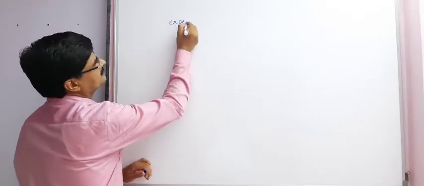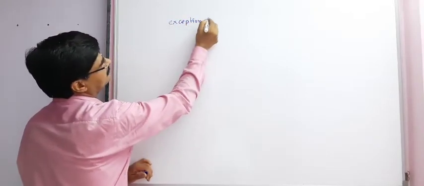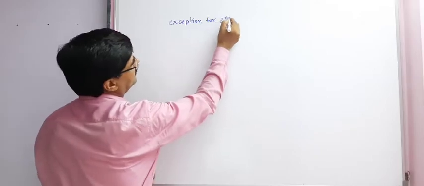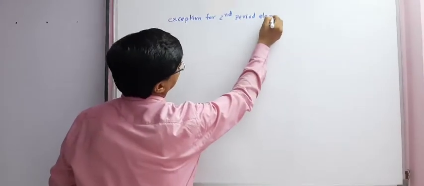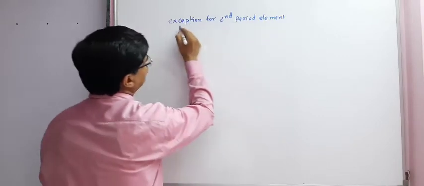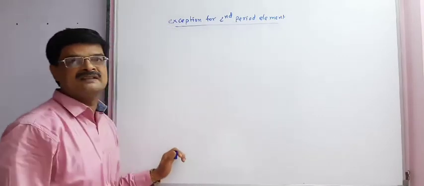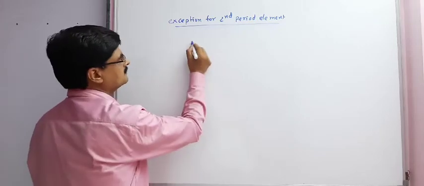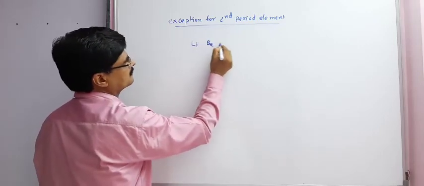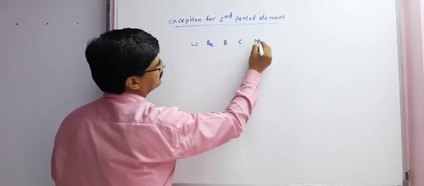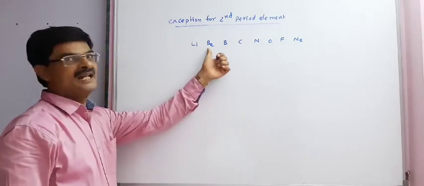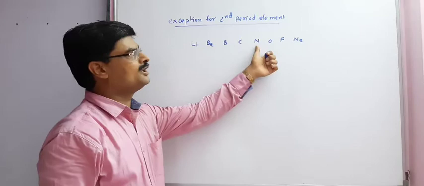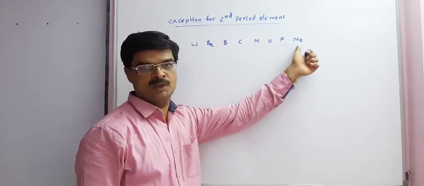Exceptions for second period element. The elements present in second period are lithium, beryllium, boron, carbon, nitrogen, oxygen, fluorine and neon.